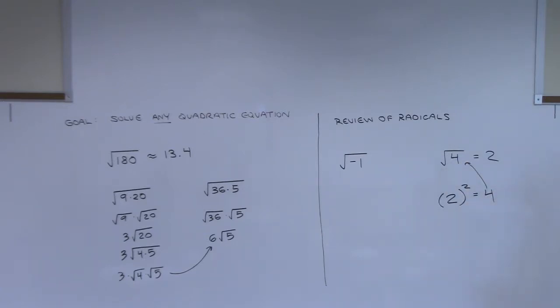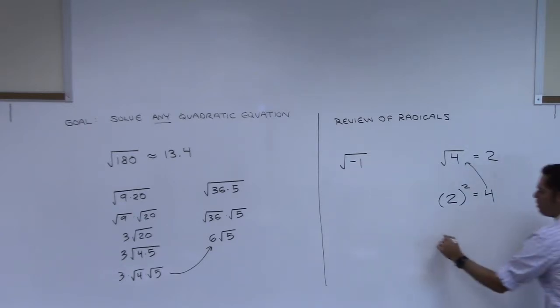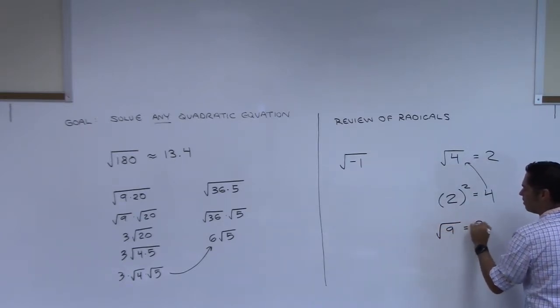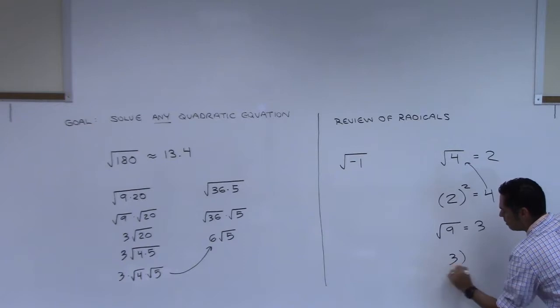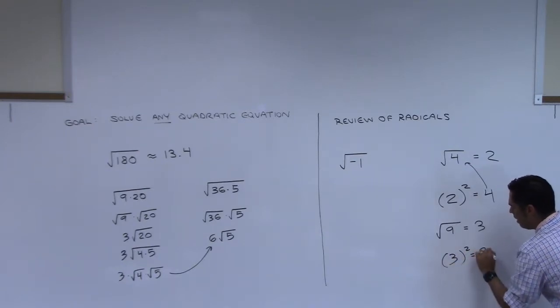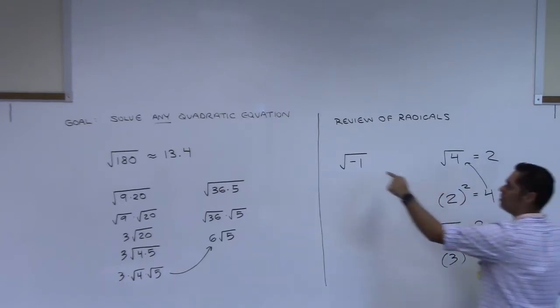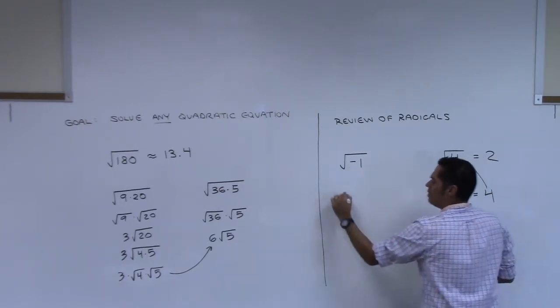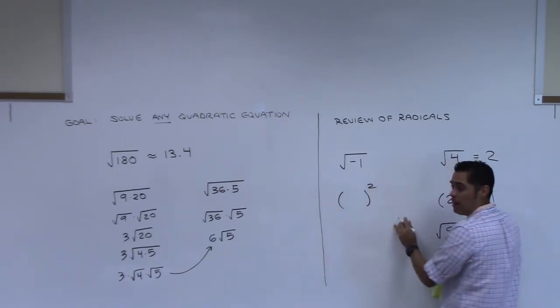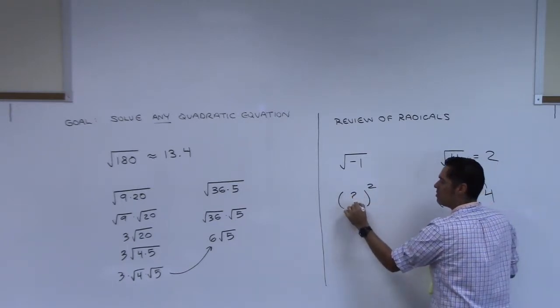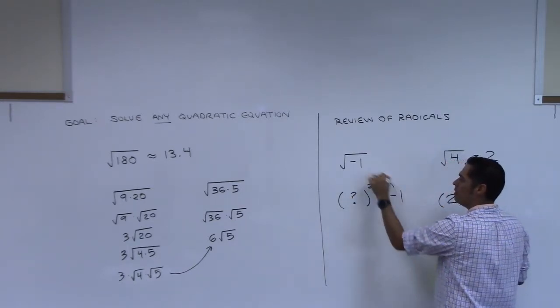So if I say square root of 9, everyone says it's 3, and that's because 3, when you square it, you get 9, right? So when you're looking at this square root of negative 1, you're saying to yourself, what number do I square to get negative 1?